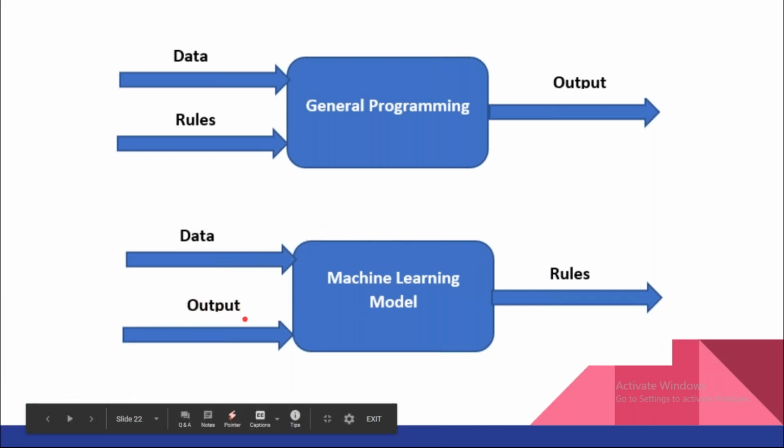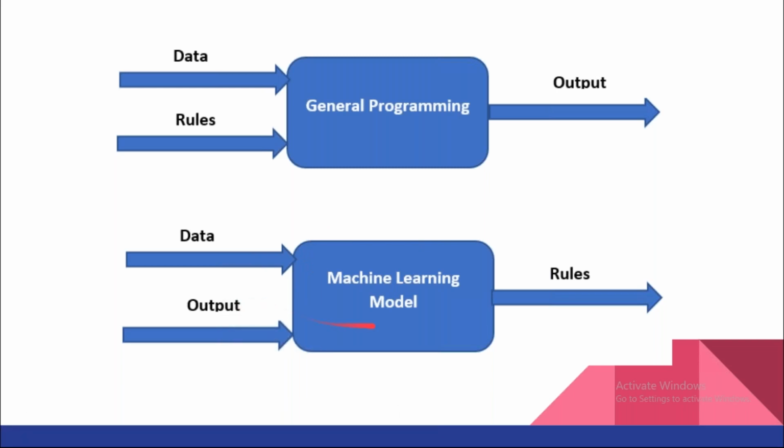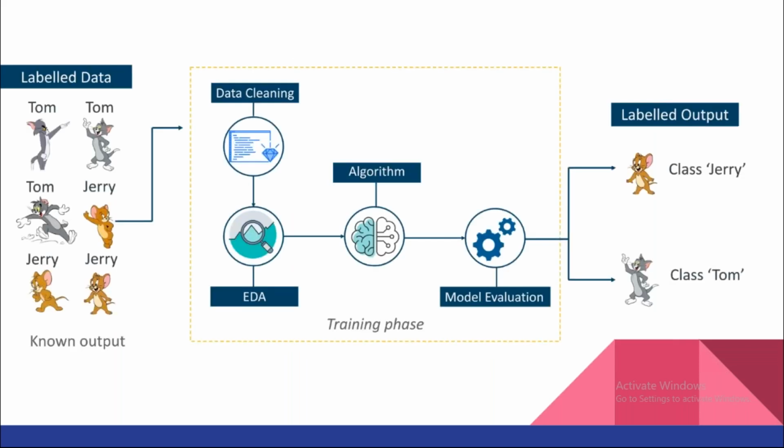Now I will feed this data to my machine learning model and ask it to give me the rules, how exactly the sales are related to my data. The model will give me some rules with which I am able to identify the relation that sales and other parameters follow. So that is when machine learning comes into the picture.